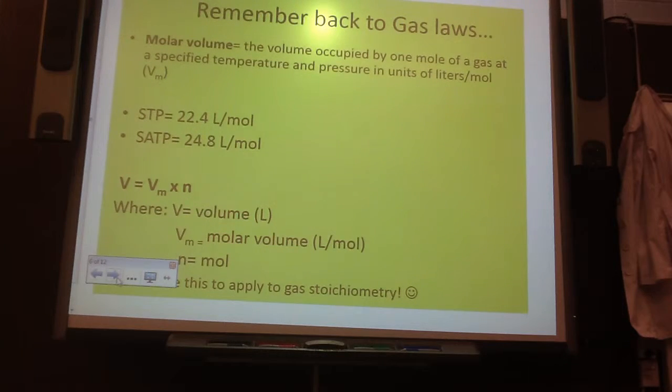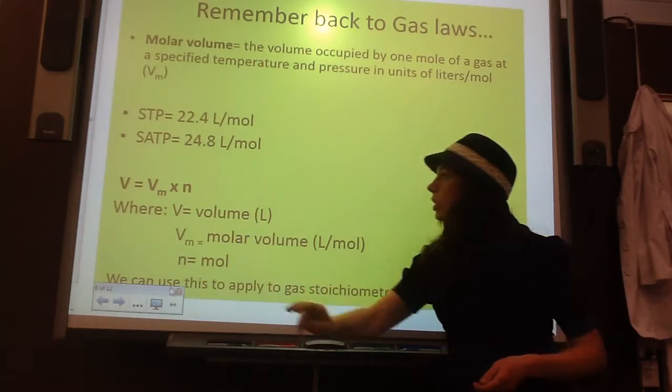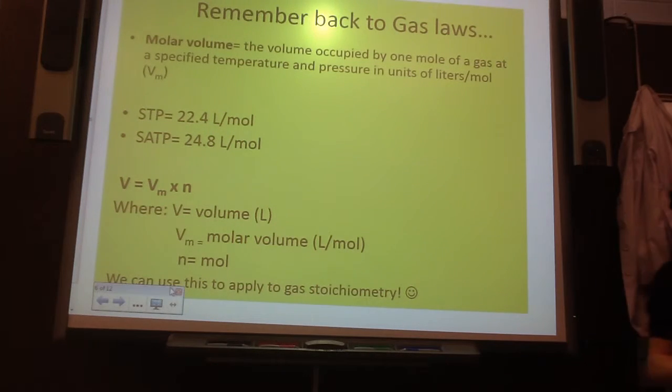And our formula that we use for that, so you can put that to the side there, is V is equal to Vm times n, where big V is volume in liters, V subscript m is molar volume, and n is moles.